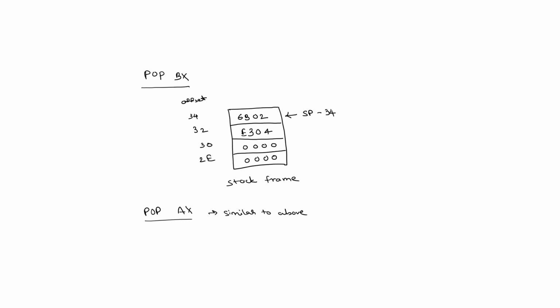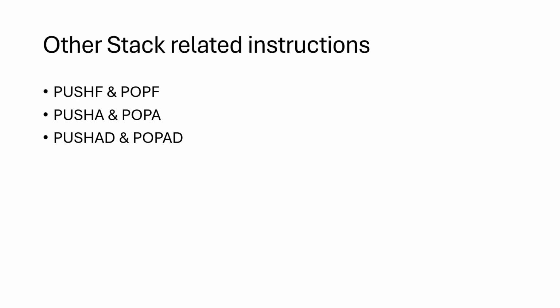Other stack related instructions are push F and pop F. These save and restore the status of the flags. Then we have push A and pop A. This is an instruction that is available on the processors after 80286.